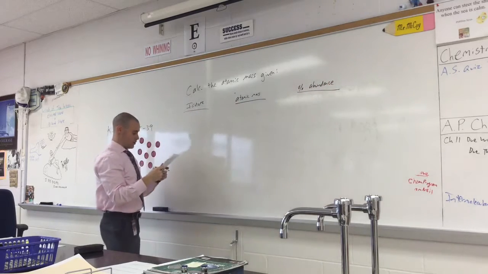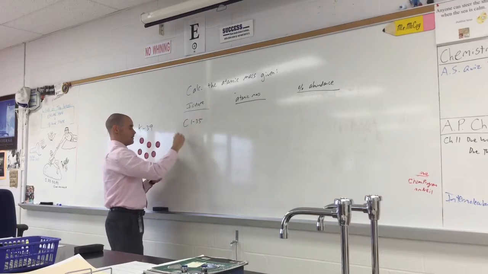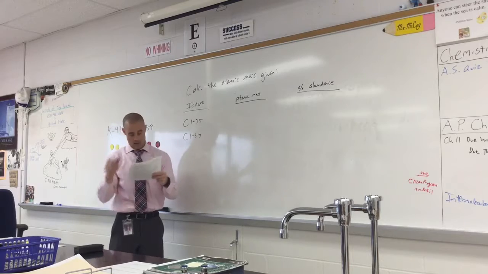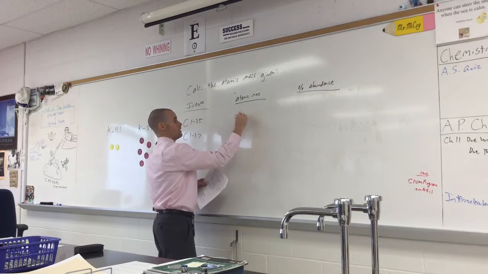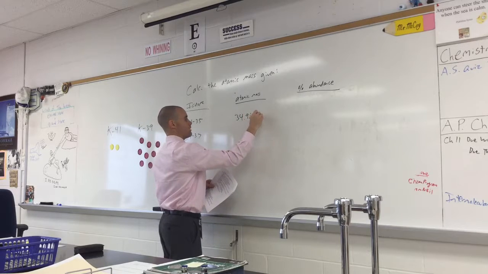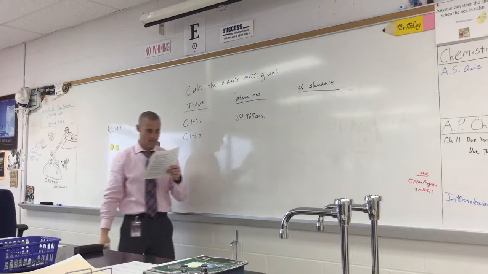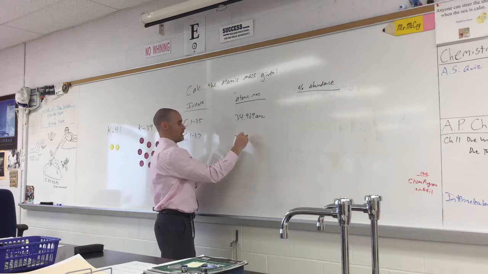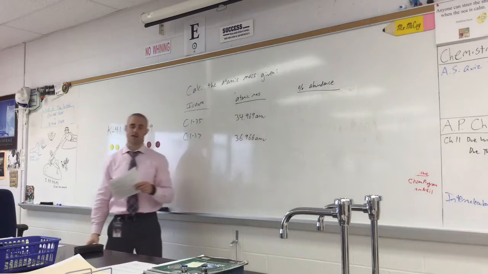The isotopes are Cl35 and Cl37. The actual mass of a Cl35 is 34.969 AMU. The actual mass of a Cl37 isotope is 36.966 AMU. And AMU just stands for atomic mass unit.